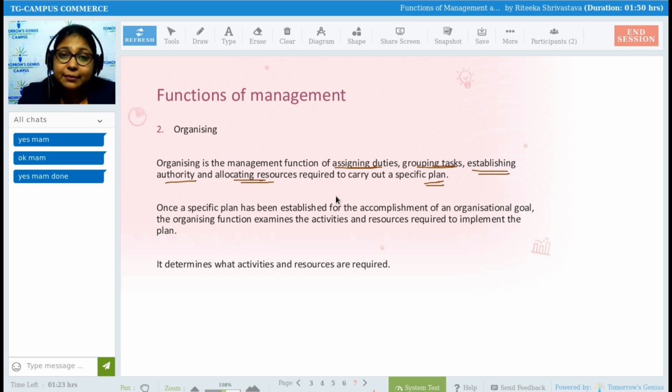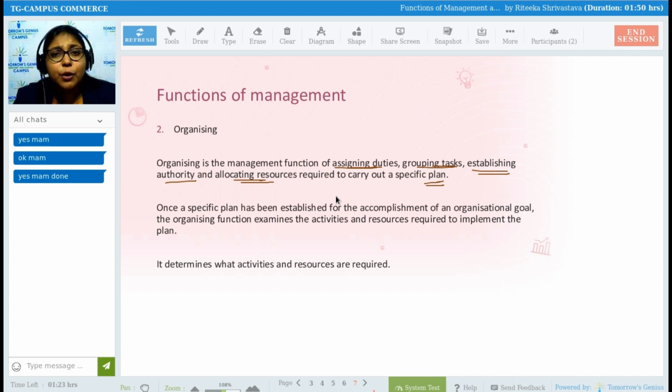To carry out any plan, you need to organize things properly. You have to assign the duties to the proper person. That, okay, fine, if I want to make a cake, I will ask my younger brother to go and get me eggs. I will ask my mother to help me in the kitchen. Assigning the duties, very important.